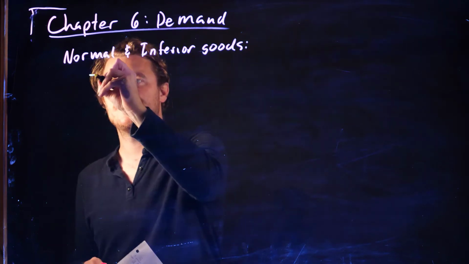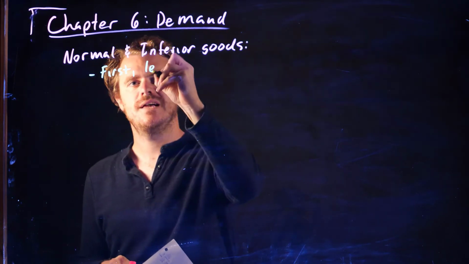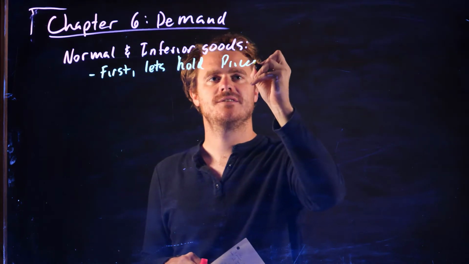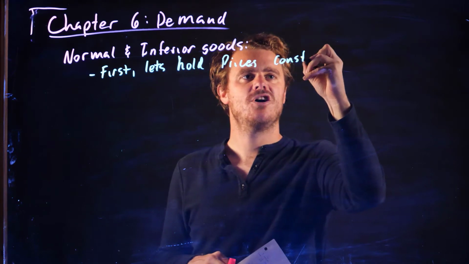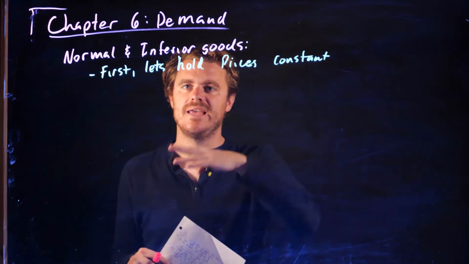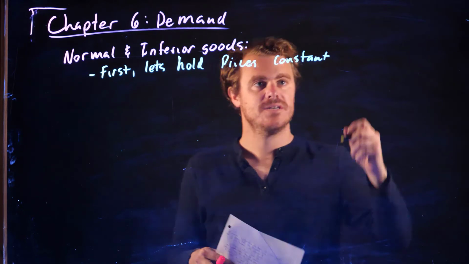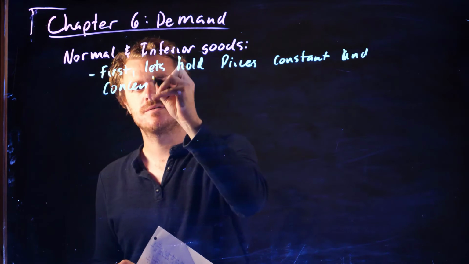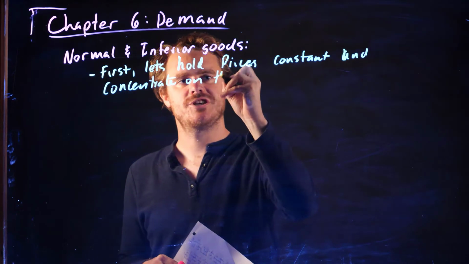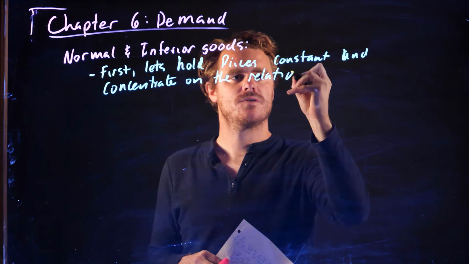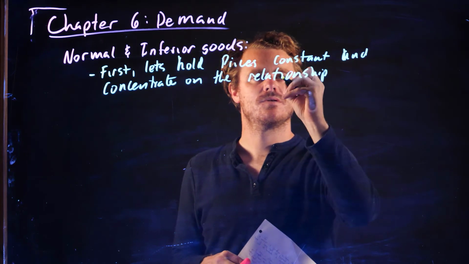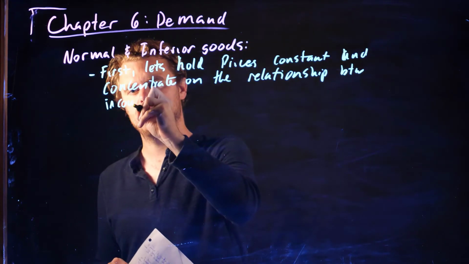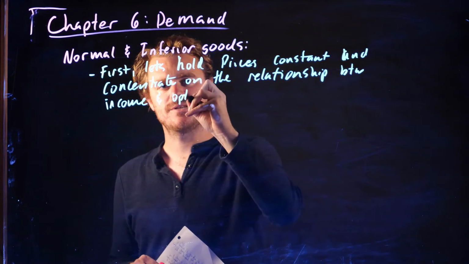So first, let's hold prices constant and concentrate on the relationship between income and the optimal choice.